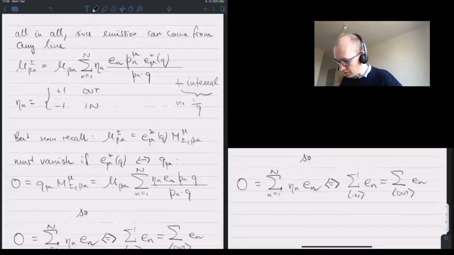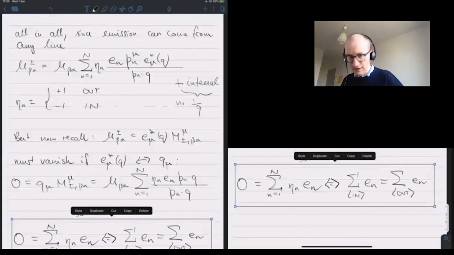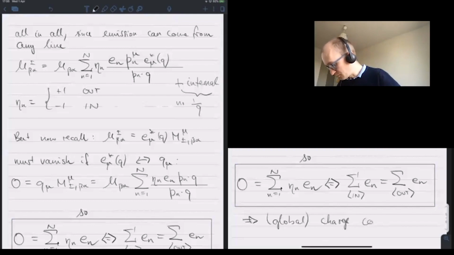Because they sum to 0 with this sign. So that's our statement, and this statement is nothing but global charge conservation.